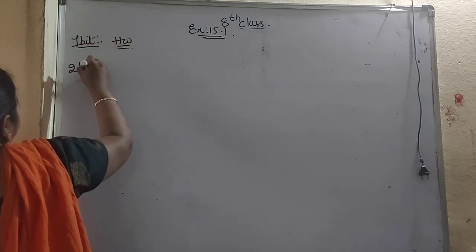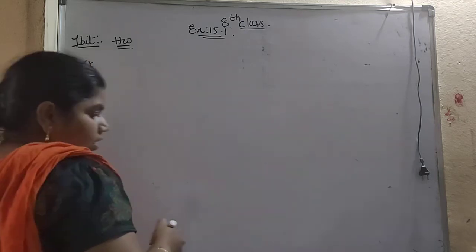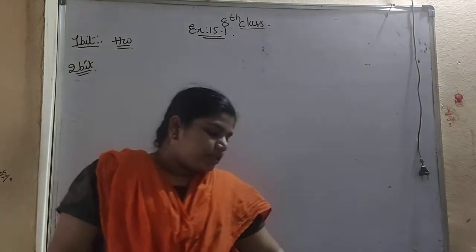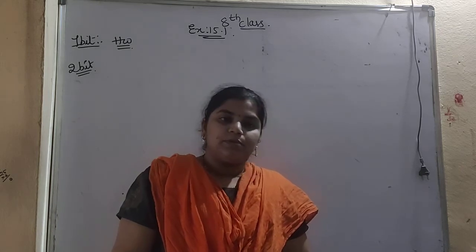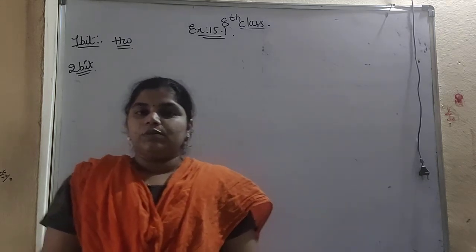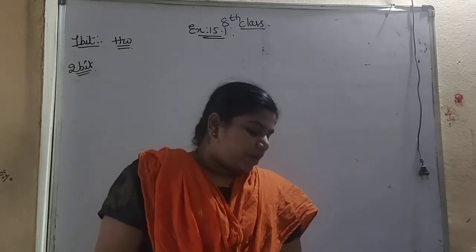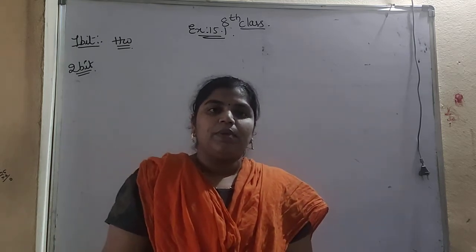And from the second bit, using divisibility test, determine which of the following numbers are divisible by 2. By using the divisibility test of 2, we have to check which numbers are divisible by 2 here.